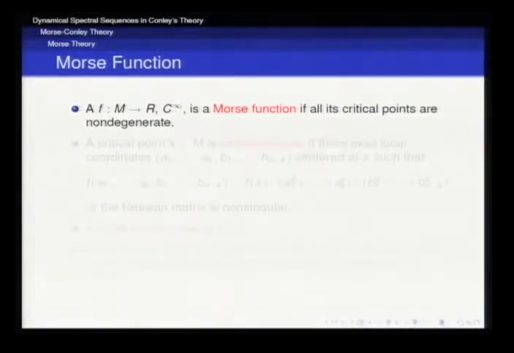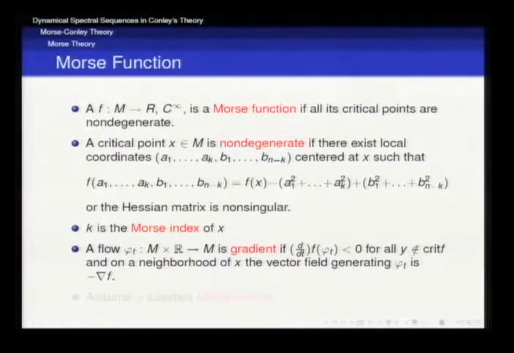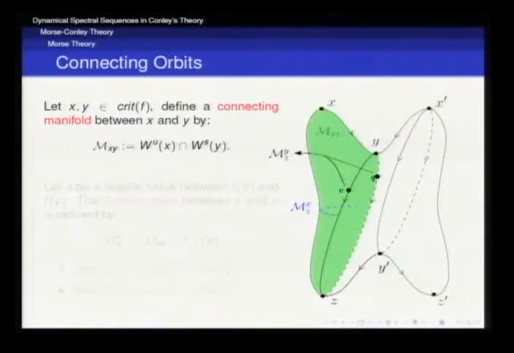Okay, so a Morse function, let me go really elementary. We have a Morse function if all the critical points are non-degenerate, or if in local coordinates the Hessian matrix is non-singular. K is the Morse index of X, and then we have the associated gradient flow, and I'm going to assume that it's Morse-Smale. So for the connecting orbits, if I have x, y critical points, I'm going to call the connecting manifold between x and y M_xy.